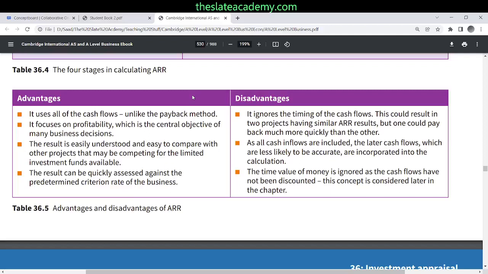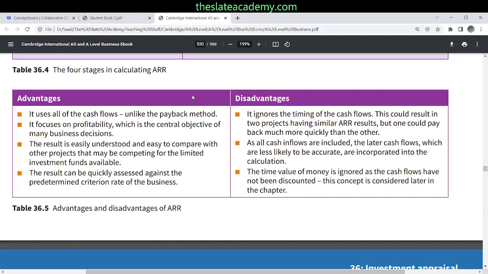Oof. So can you explain this? All right. The good thing about average rate of return is that it uses all the cash flows of the project. Remember the payback period. In the payback period, we just stopped at the cash flow where it paid back the project. We didn't go any further.